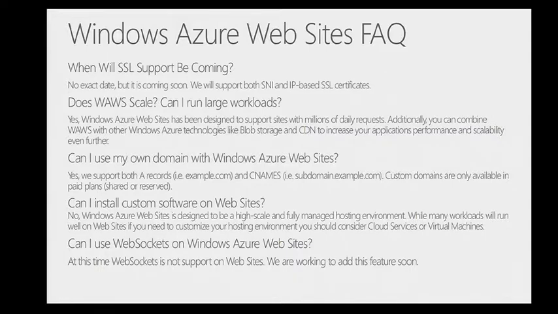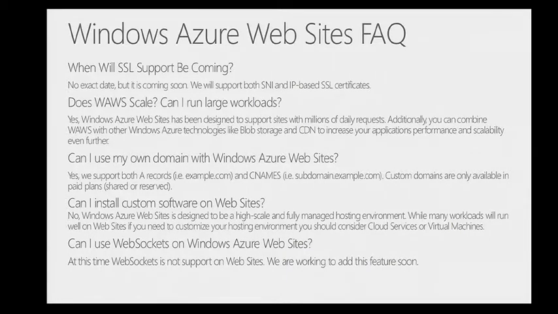These are some of the common FAQs on Windows Azure websites. So SSL support. If you noticed, we deployed that to subdomain.azurewebsites.net. Now, that deployment has a wildcard SSL certificate, but most people want to have a CNAME such that you can have www.mywebsite.com.